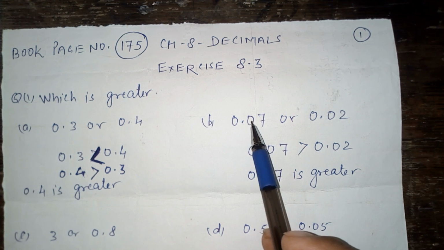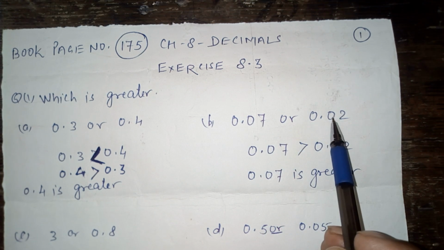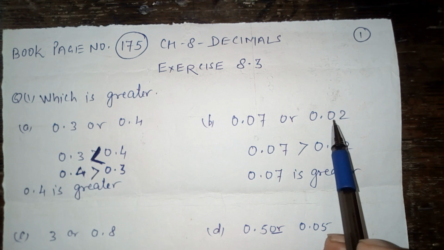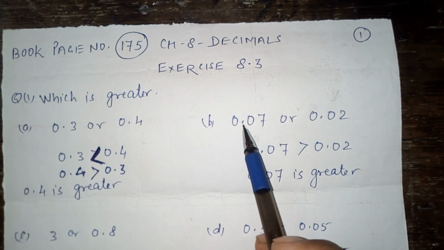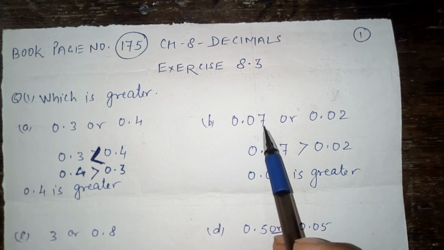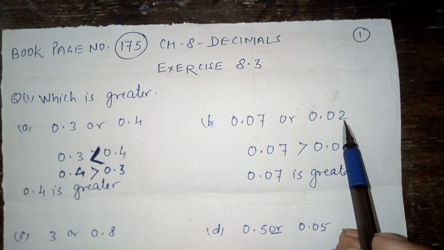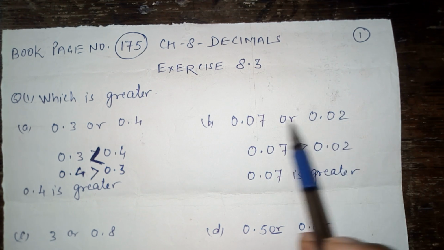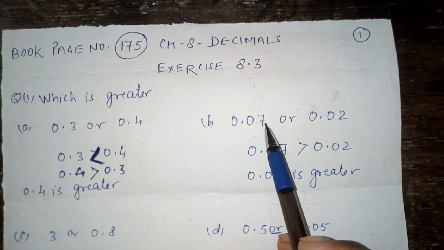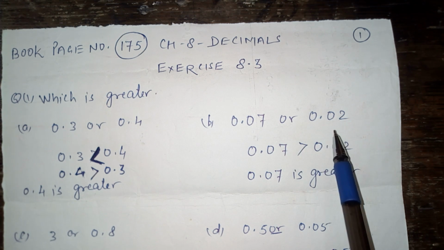After the decimal point this is 0 and after the decimal point this is 0. They will be the same. The second digit after the decimal point is 7 in this one, and 2 in the other. So in 7 and 2 which is greater?